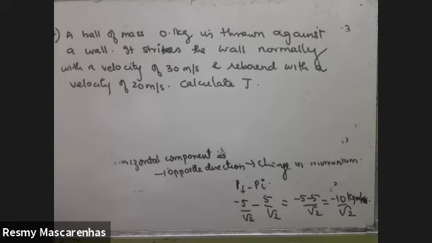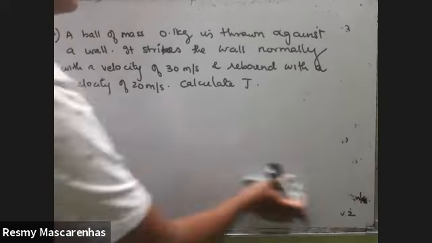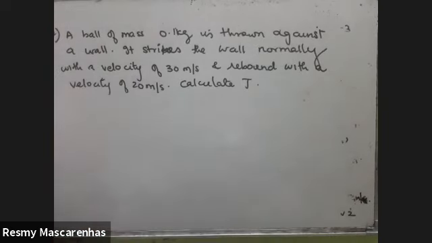It strikes the wall normally with a velocity of 30 meters per second and rebounds with a velocity of 20 meters per second. Calculate the impulse. Very simple. Impulse is nothing but change in momentum. J means change in momentum. Final Pf minus Pi. You know the initial velocity, you know the final velocity, you know the mass.